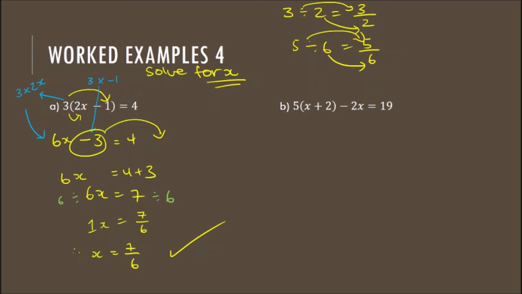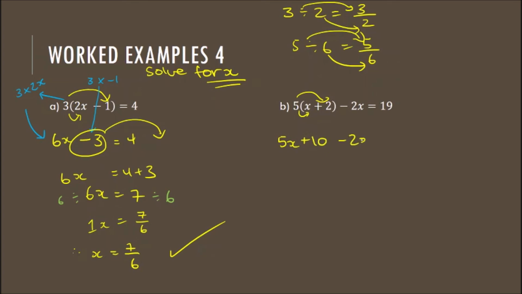So now we can see in B, you have to expand the bracket before moving cats and dogs to one side of the fence. So let's do it. I might do the same thing I did with blue, just on this side as well. So 5 times x is 5x, and positive 5 times positive 2 is 10.